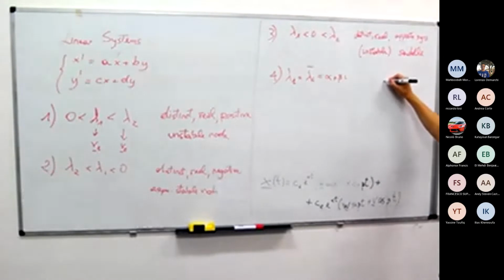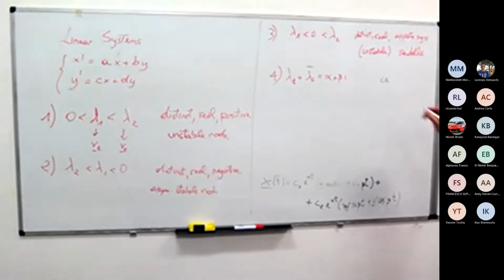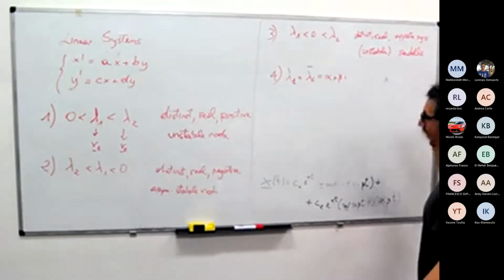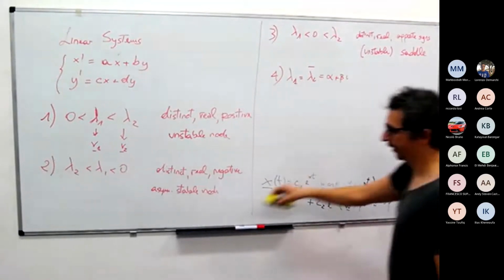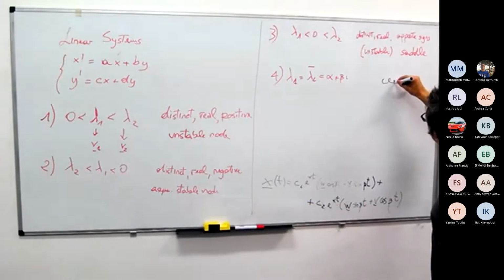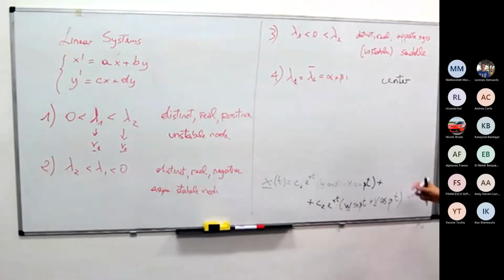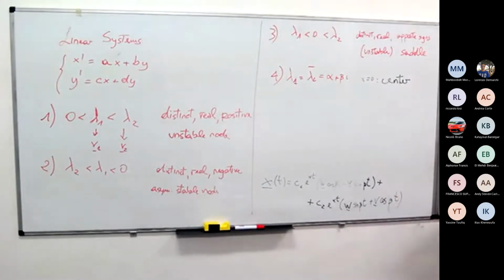It's going to be a center. So alpha equal to 0 will correspond to a center.